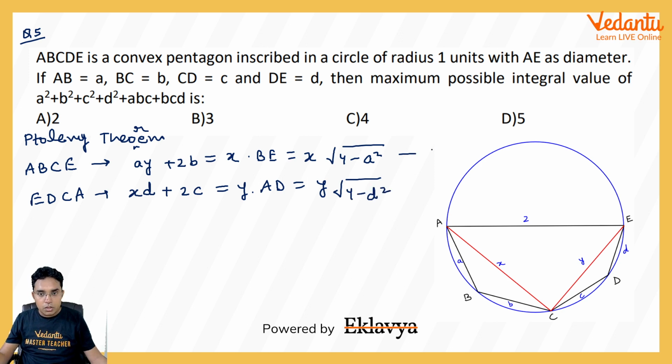Okay, so these are two equations, 1, 2, and also from this diagram it is very much clear that x square plus y square is going to be 4, because this angle is 90 degree as this AE is diameter.